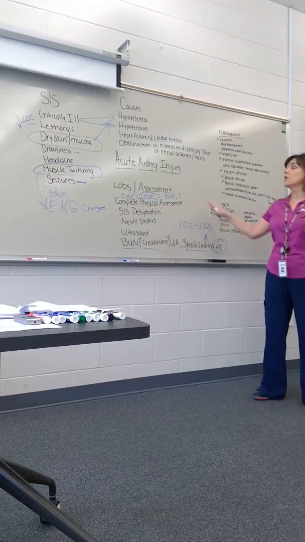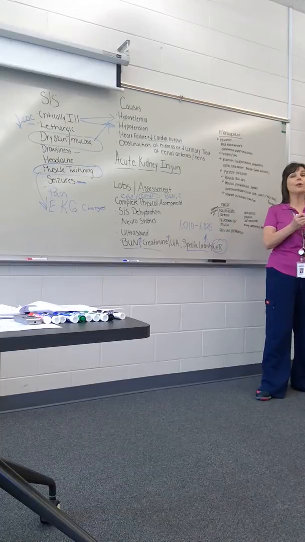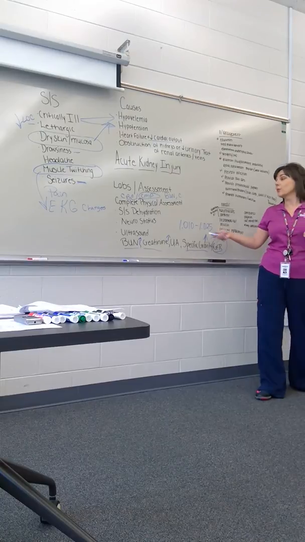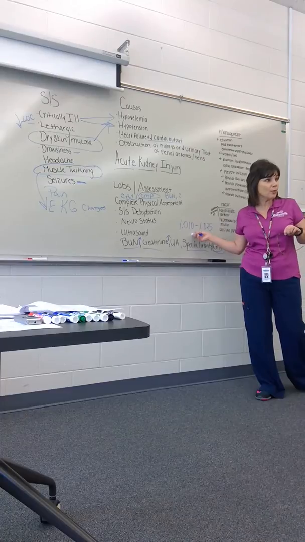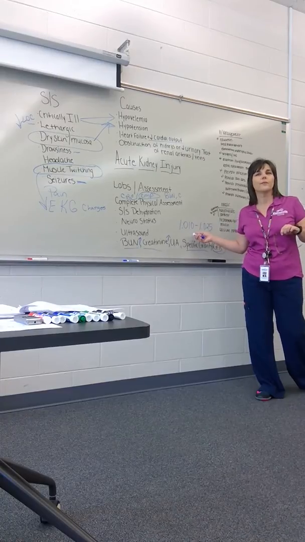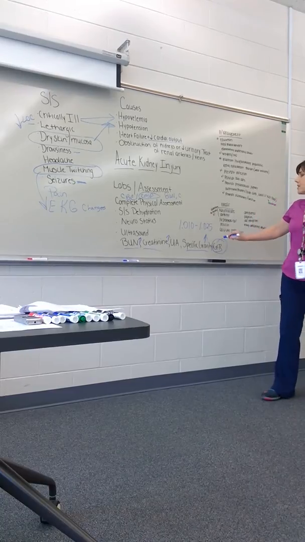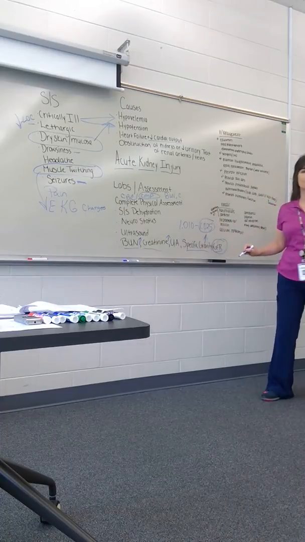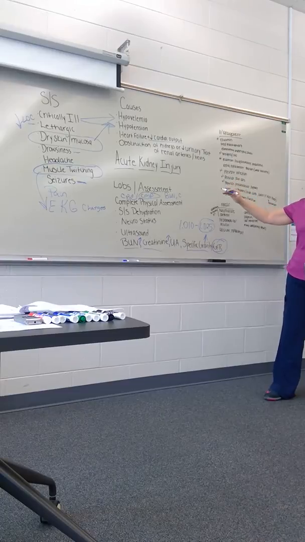You have to know what your normals are, because when they calibrate those machines, they can calibrate differently in one hospital versus another. So your book says 1.010 to 1.025. The book says that, but the sheets our labs gave us are different. So you're going to see a specific gravity closer to this end whenever you've got acute kidney injury.